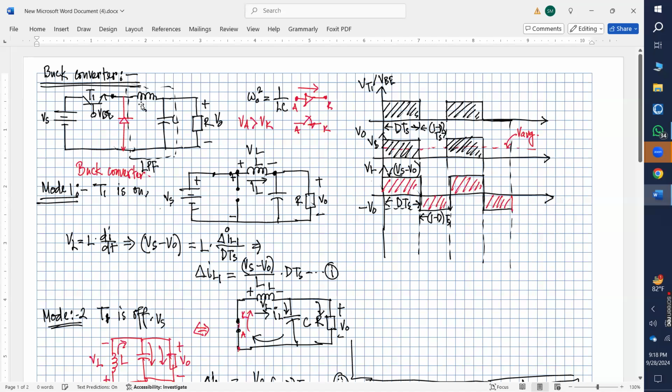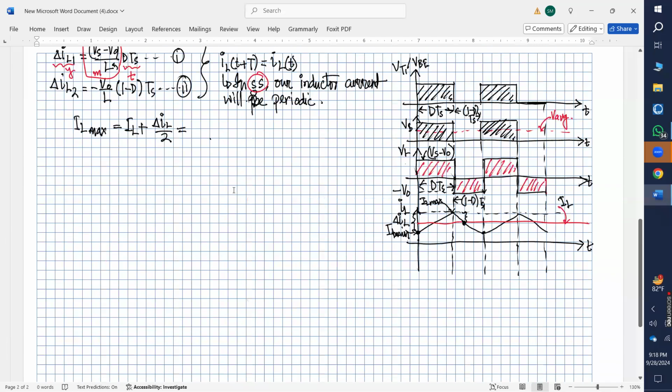Now, one thing I need to tell you first is about my actual circuit. So output here, V naught, with the introduction of the low pass filter, will be purely DC, or very close to this one.